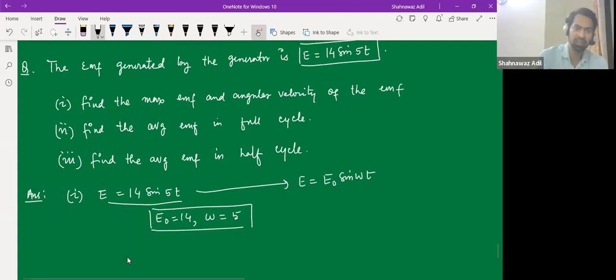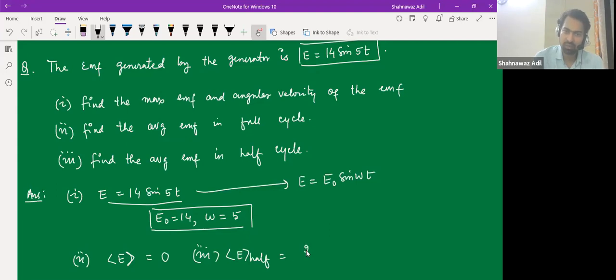And then second is average EMF in a full cycle. Right. So this we already know, that is 0. And then third question is average EMF in half cycle. That is how much we have calculated? That is 2 E naught by pi.